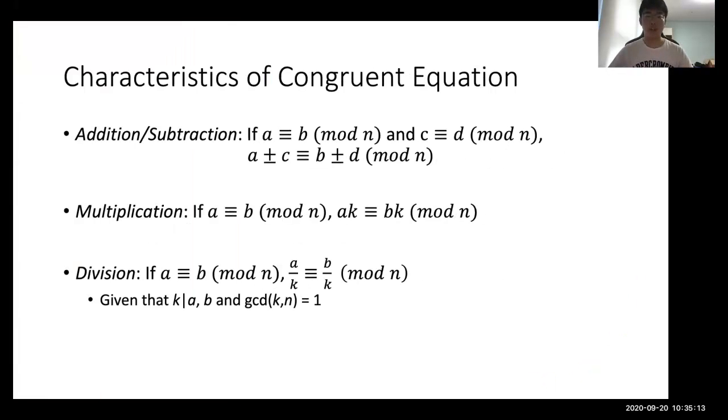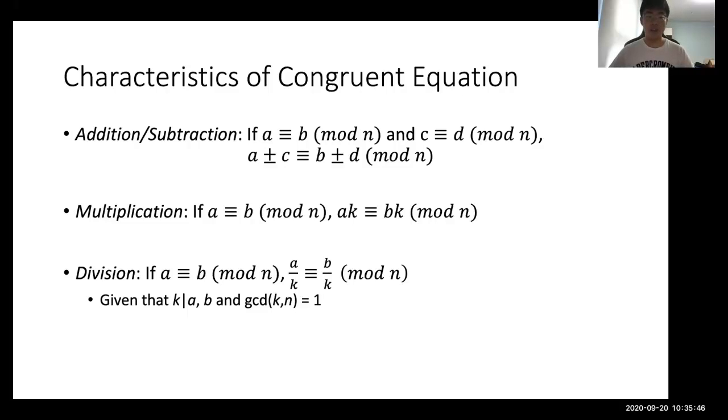These are the characteristics that can be applied to any congruent equation. If A and B are congruent in modulo n, and C and D are also congruent in modulo n, then if we add, A plus C and B plus D should also be congruent in modulo n, and also for minus. For multiplication, if A and B are congruent in modulo n, A times K and B times K should also be congruent in modulo n.